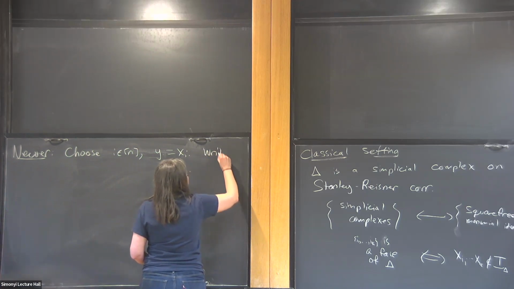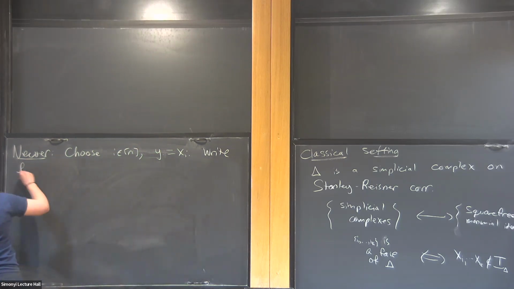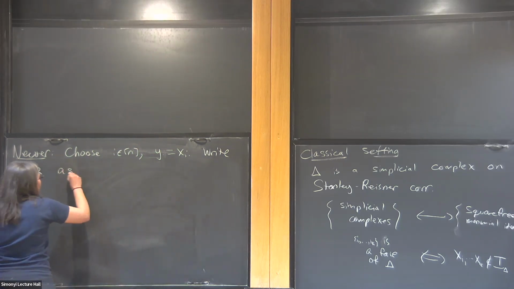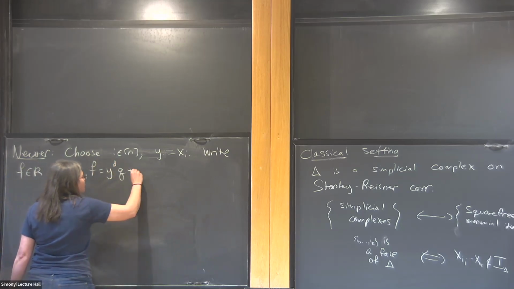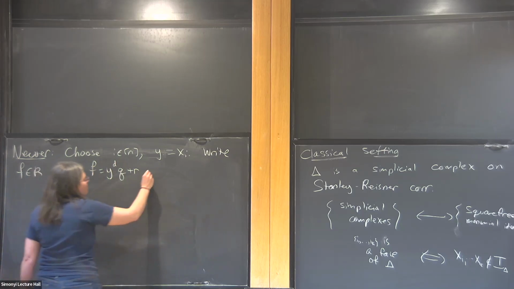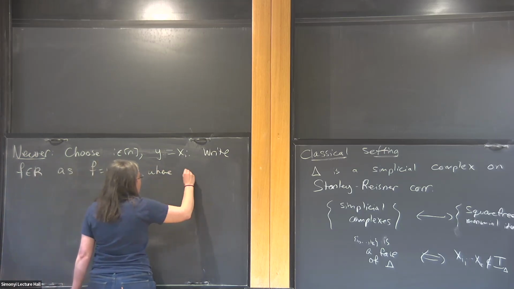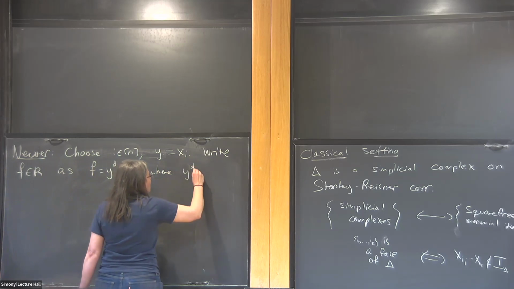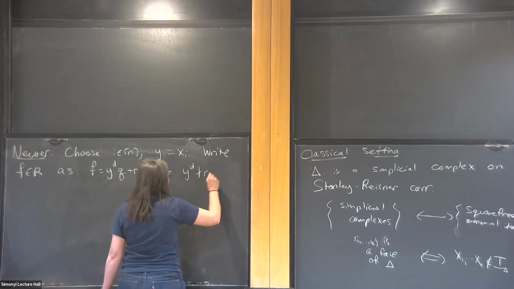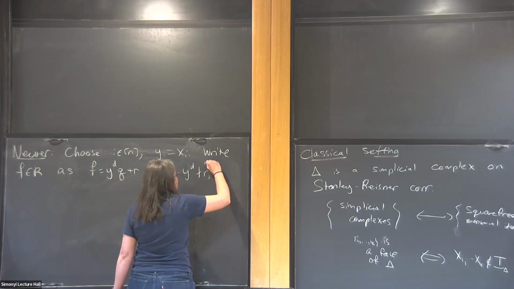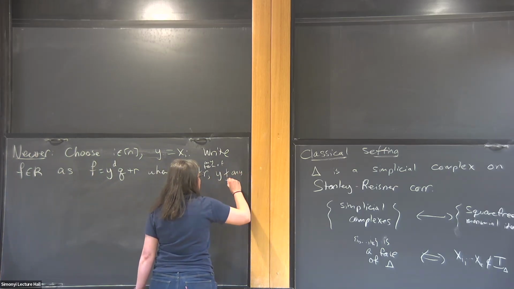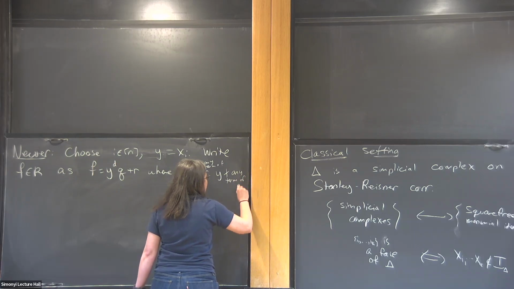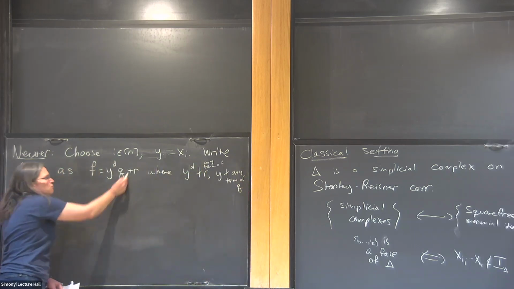Write f in R as y^d q + r, q for quotient, r for remainder, where y^d does not divide r, that is, y does not divide any term of r, and y does not divide any term of q. So this is just highest degree in y.